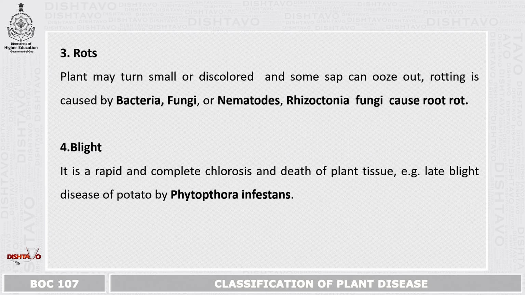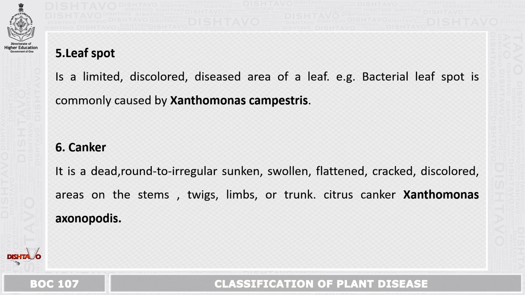Basically it leads to rotting, which is caused by bacteria, fungi or nematodes. The example is Rhizoctonia fungi, which cause root rot. Fourth is blight. It is a rapid and complete chlorosis and death of plant tissue. Example is late blight of potato disease, which is caused by the fungus Phytophthora infestans.